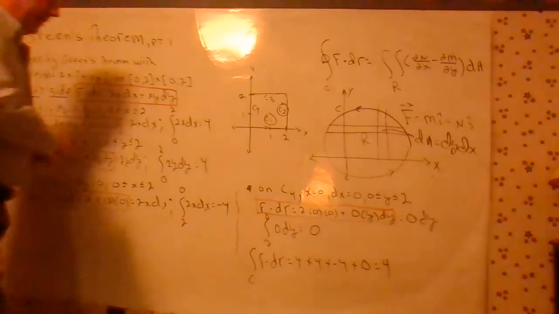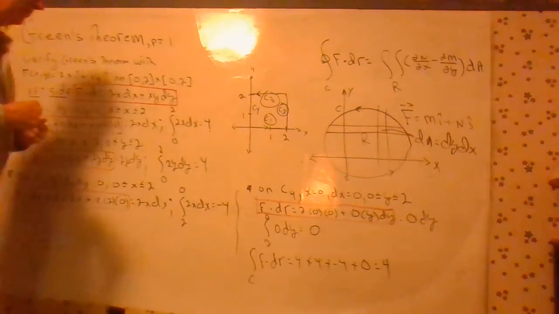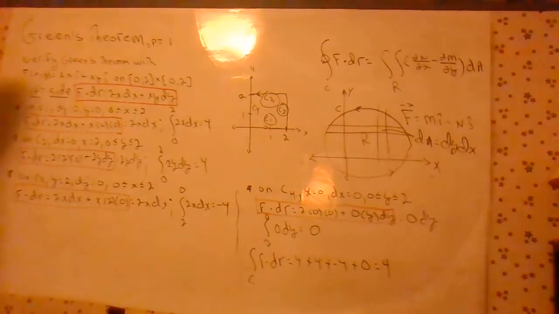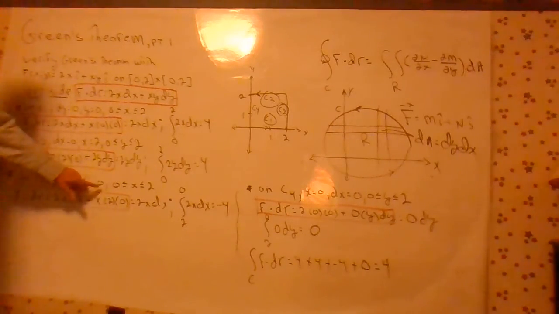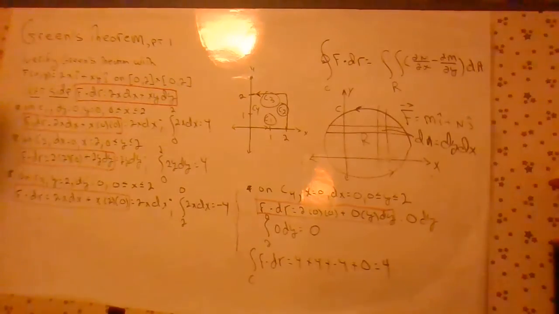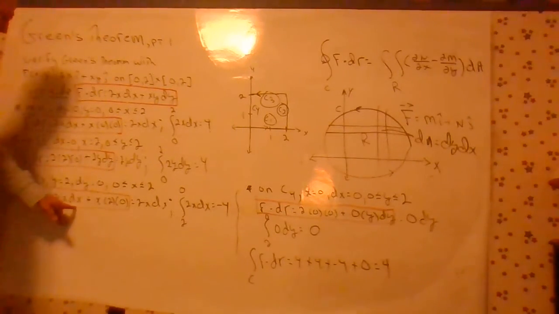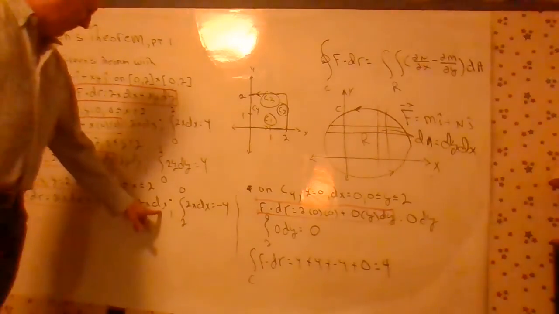On C3, now we're going back this way. This will be important in a minute. y is fixed at 2, dy is 0 because y is not changing. x goes from 0 to 2. And F dot dr is 2x dx plus x times 2 times 0, 2x dx.